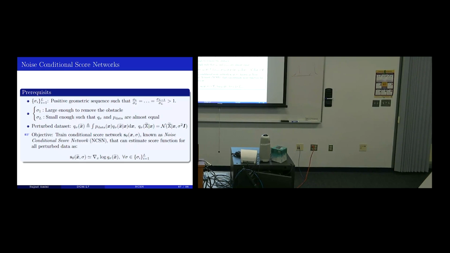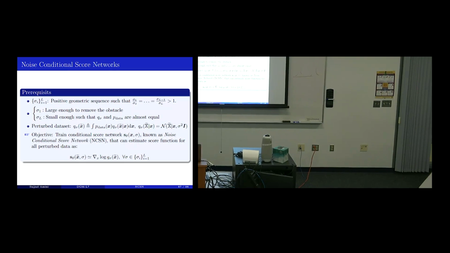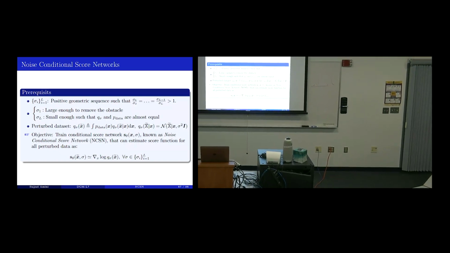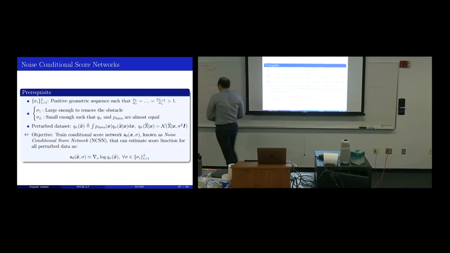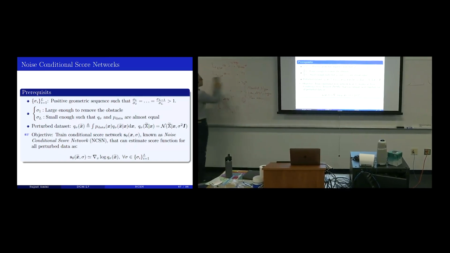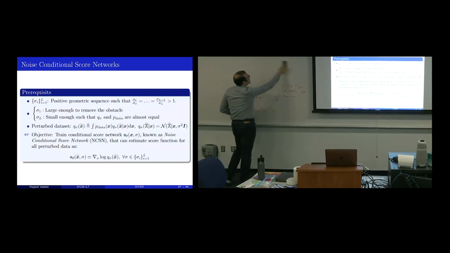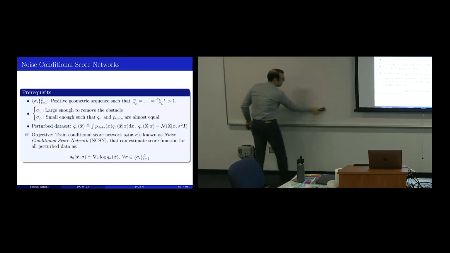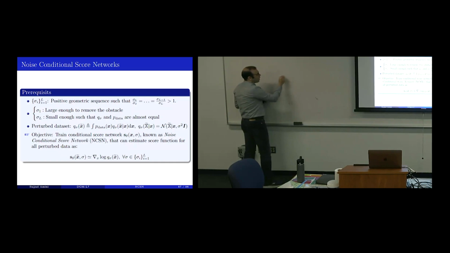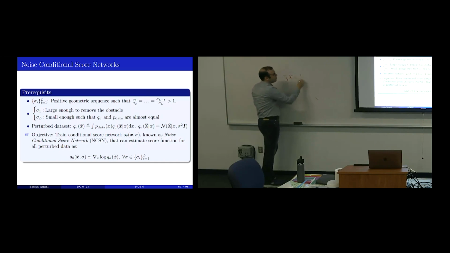So we want to design a model that can estimate the score function of your noisy data set at a given noise level. Assume that we know the optimal score function. Remember the denoising score matching, where the optimal score function for the noisy data set is equal to 1 over sigma squared of (x tilde minus x).